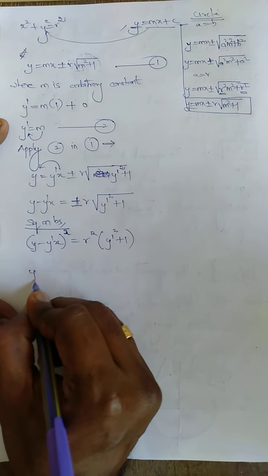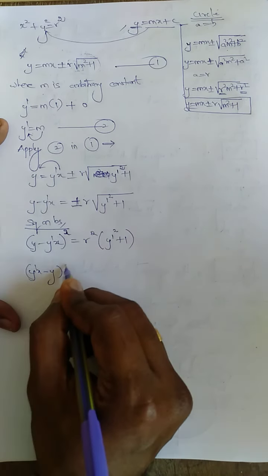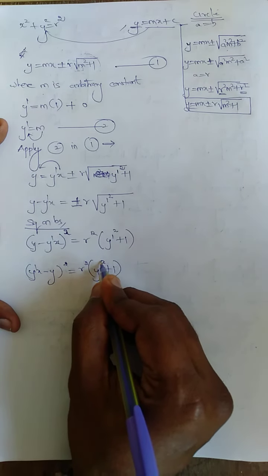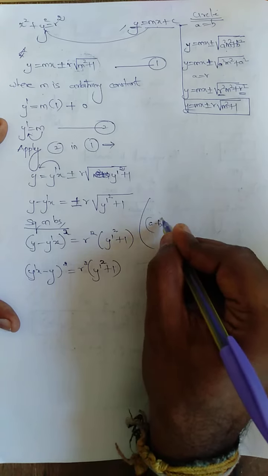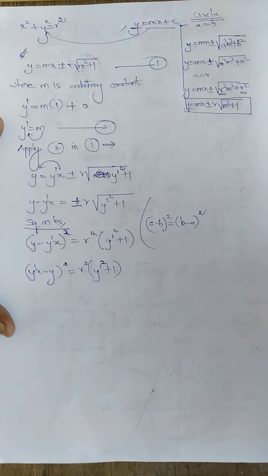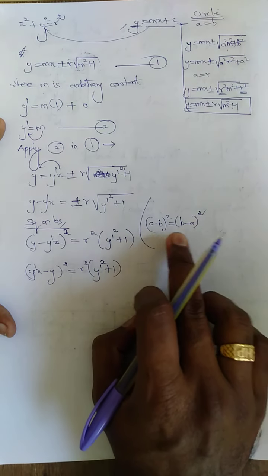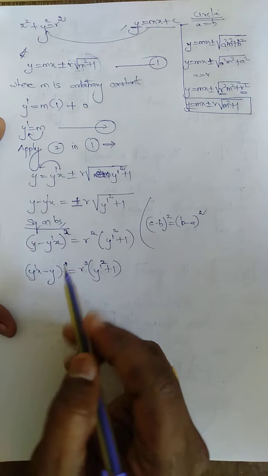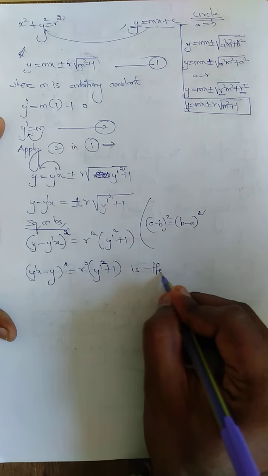So we can write y dash x minus y the whole square is equal to r square times y dash square plus 1, because a minus b the whole square is the same as b minus a the whole square. So there is no problem, both answers are correct. Just interchange: y dash x minus y the whole square is the required differential equation.